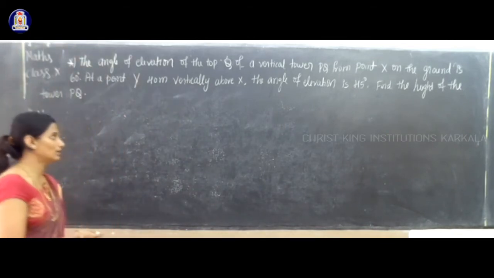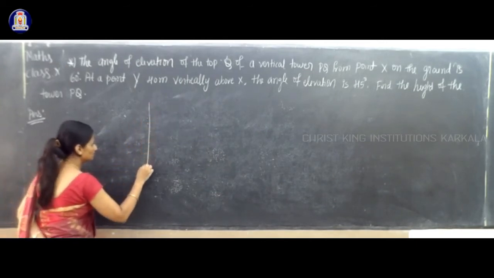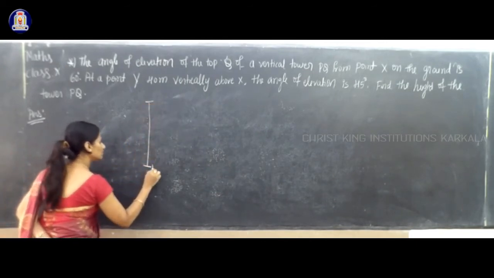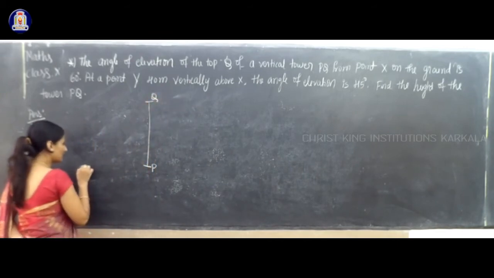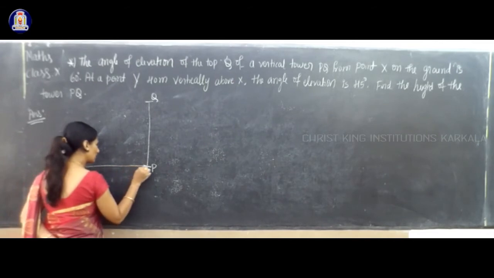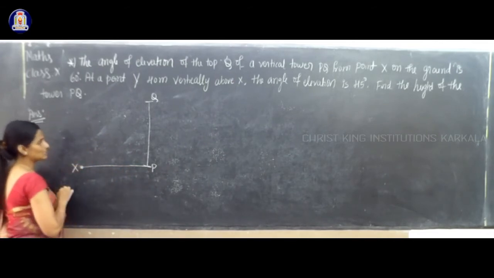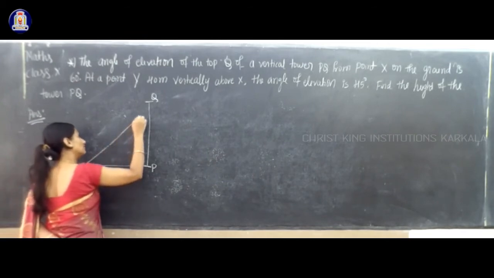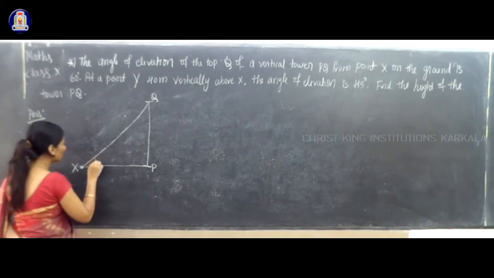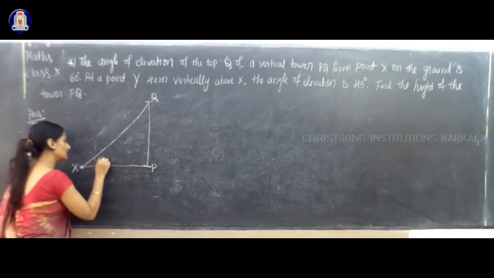So now you got the image, right? There is one tower PQ. Q is the top of the tower. And there is one point on the ground. That point is X. From this point to the top of the tower PQ, the angle of elevation is how much here? 60 degree.